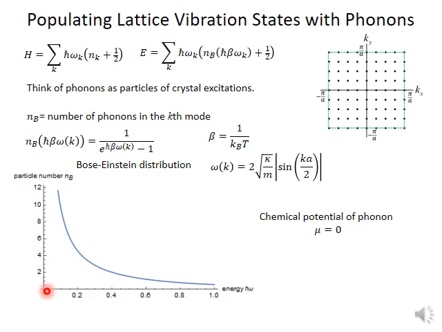So for small k values, which have lower energy, there would be a higher number of phonons, and as you go away from k equals 0, to larger k magnitude or larger omega, the population would be small, with fewer phonons in these high energy states.